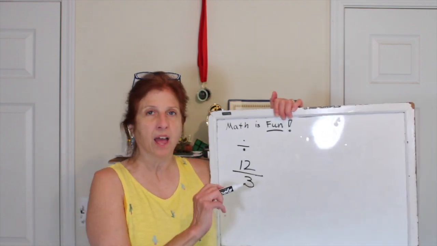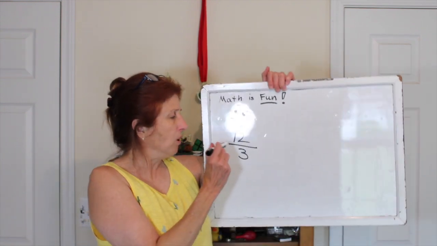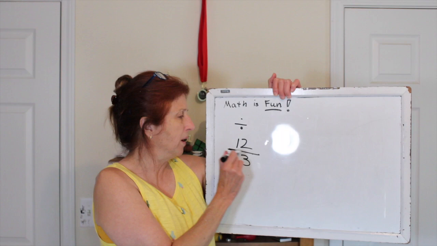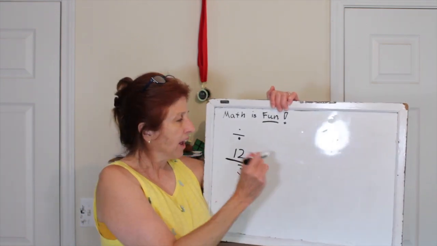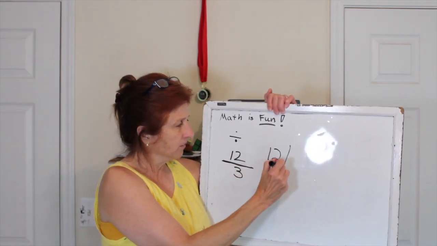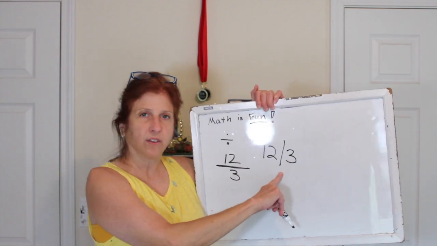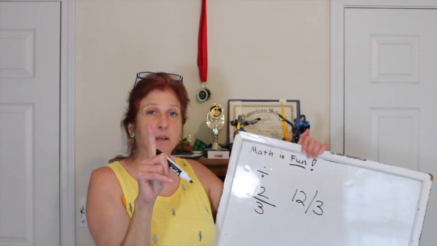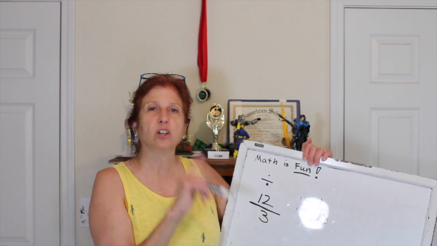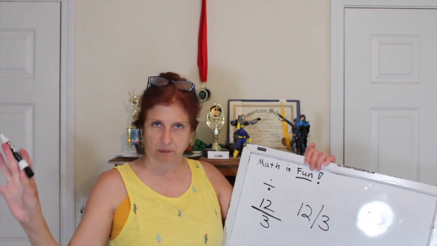Now this is one: the fraction bar. I want your fraction bars to always be flat. I don't want to see this, 12/3, the slanted fraction bar. Now there's one exception to this. If you're doing units, I'll let you do that. Now I'll explain that in a second.